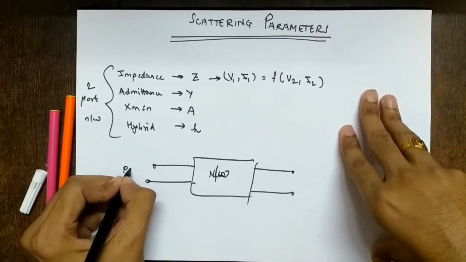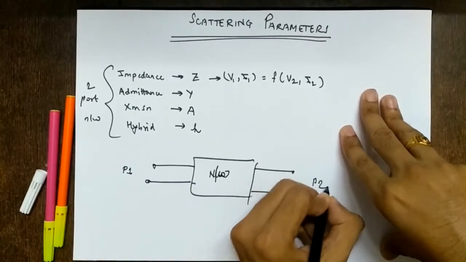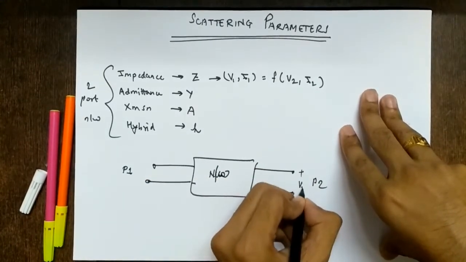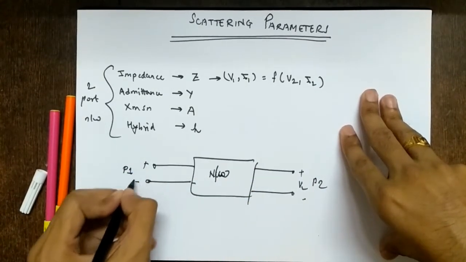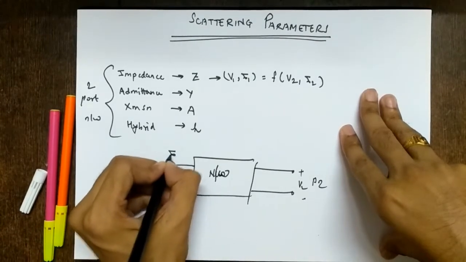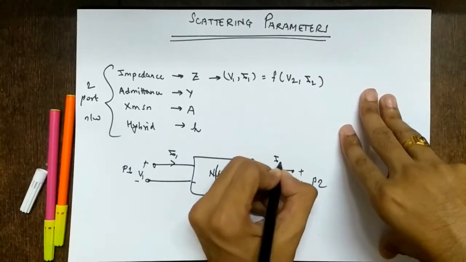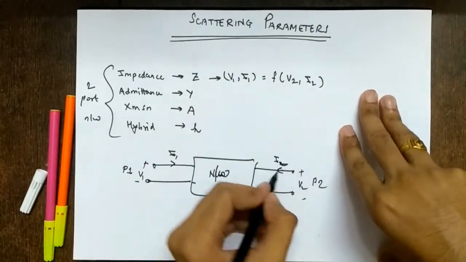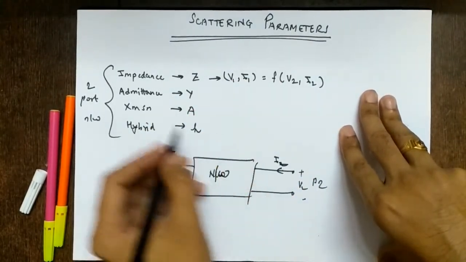Input side is usually named port 1, output is port 2. So I'll have a voltage V1 here, V2 there, current I1 flowing here, current I2 flowing there, right? So V1, I1 is a function of V2, I2 in this way for this two port network.